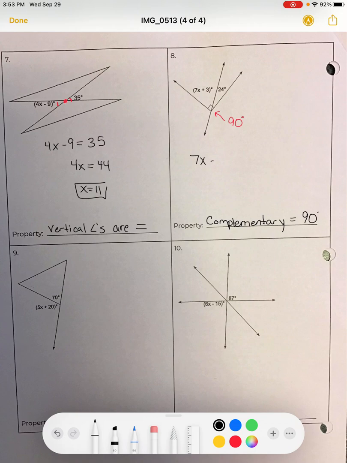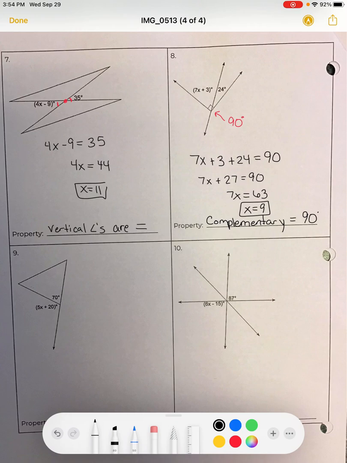So you're going to add up 7x plus 3 plus 24 equals 90 degrees. We'll solve by combining our like terms, and then subtracting the 27 to the other side. 90 minus 27 is 63. So divide, x equals 9.